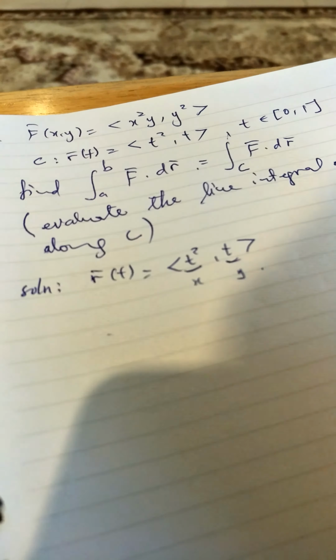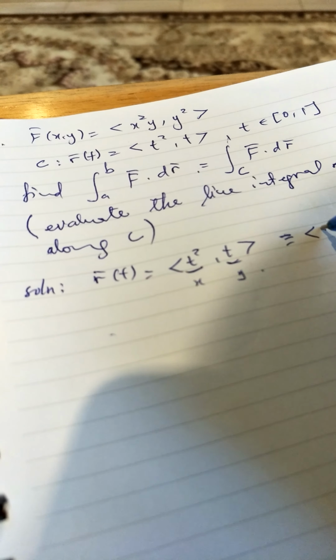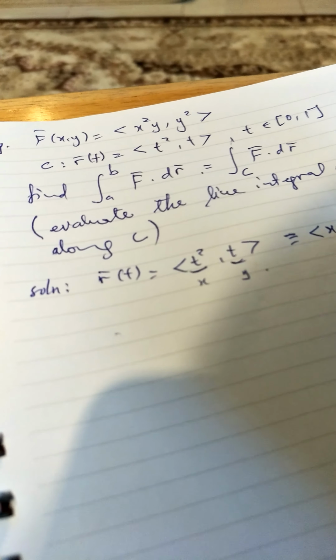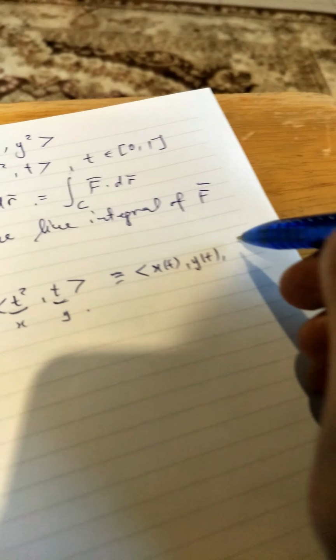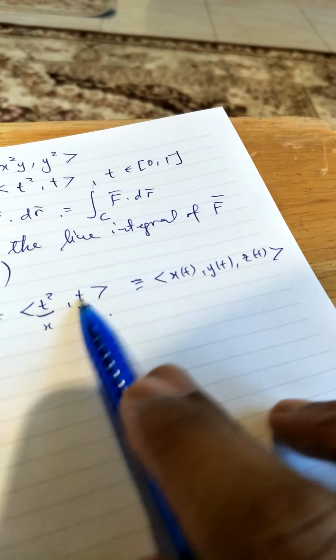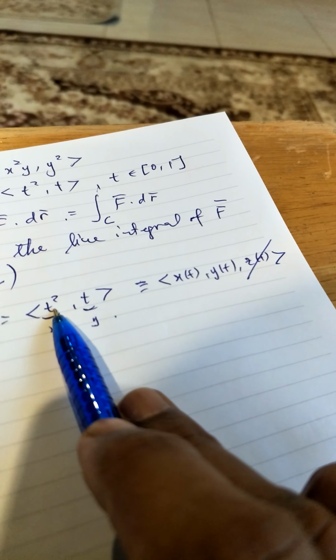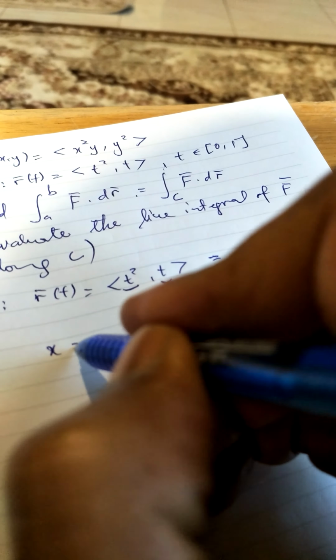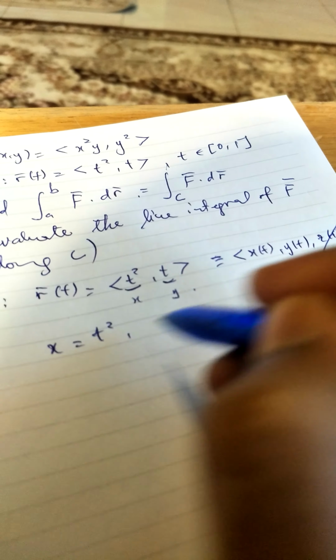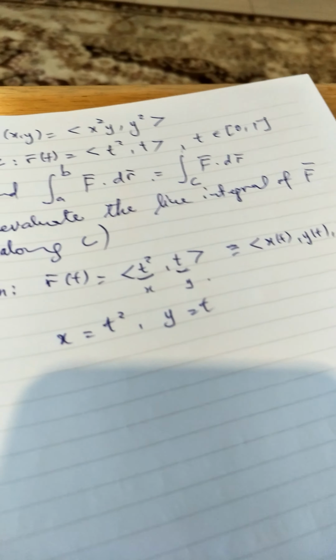Remember that in general, our r is defined as x(t), y(t), z(t) for 3 dimensions, but now we have only 2 dimensions, so we don't have z. Which means x is equal to t squared and y is equal to t.